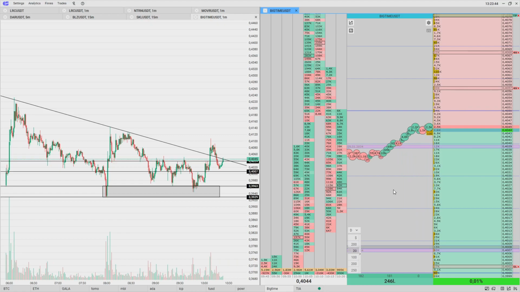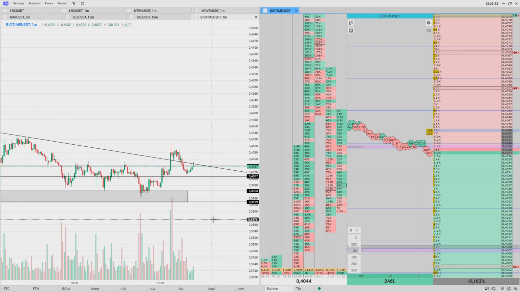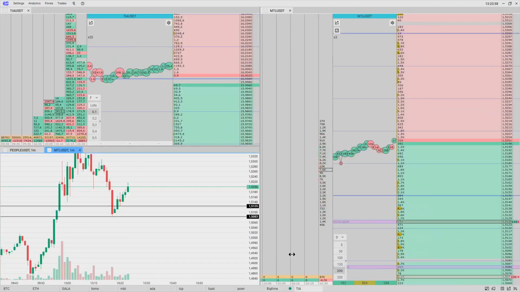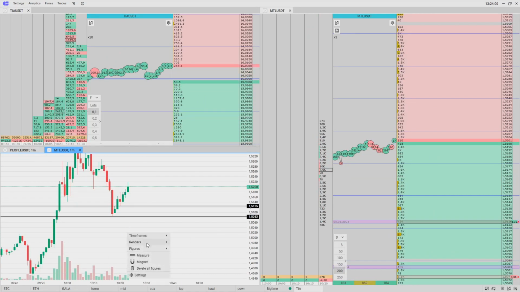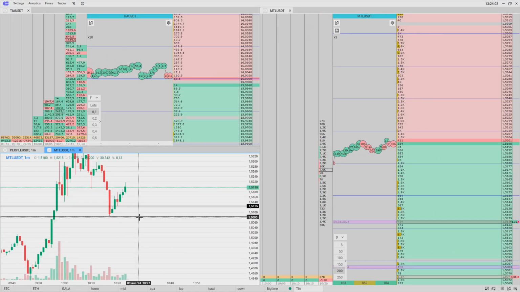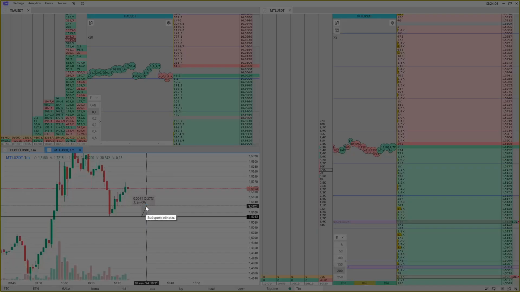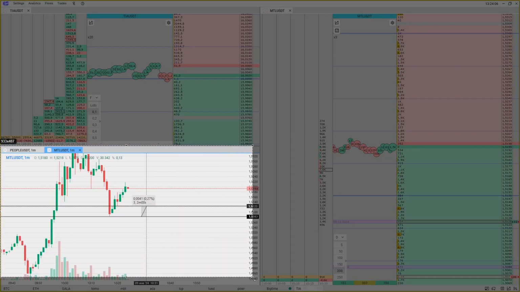What is your deposit now? I add $200. Okay, for example, let's calculate for your deposit. Let's take this zone. We have again 0.27.